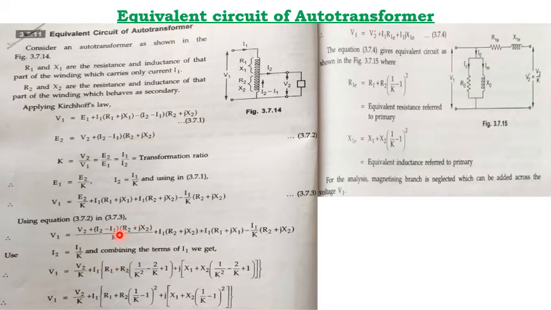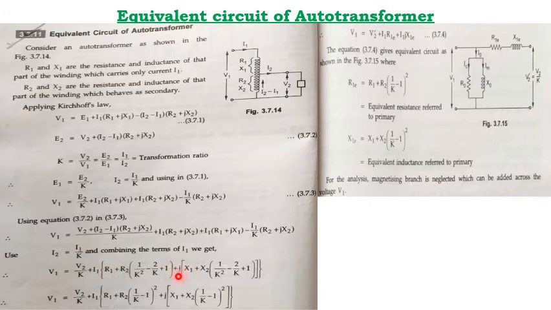After that, for the expression you get, substitute I2 is equal to I1 divided by K. Now you get the resultant expression, that is V1 is equal to V2 by K plus I1 into [R1 plus R2 into (1 by K square minus 2 by K plus 1)]. So this is the real part.